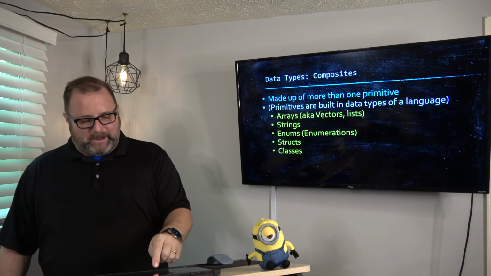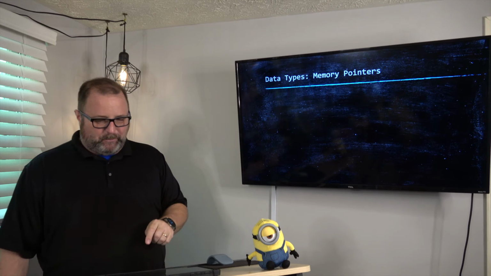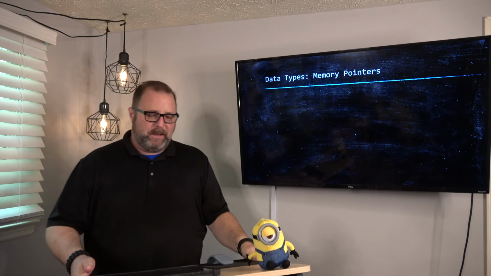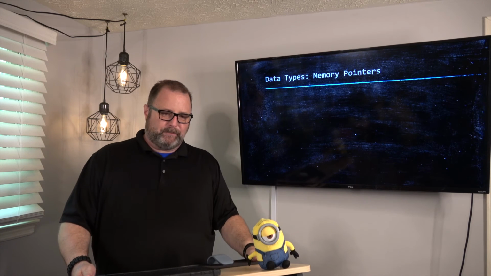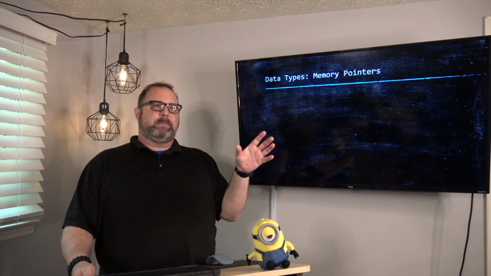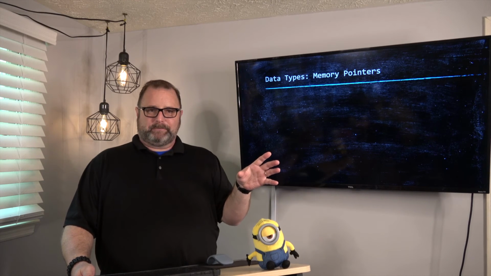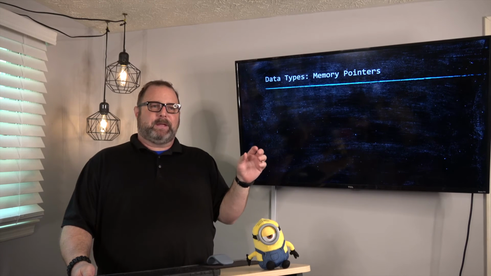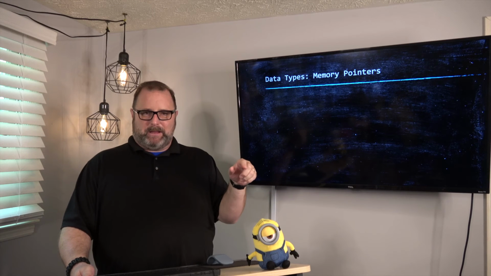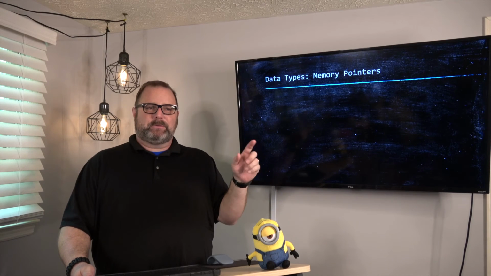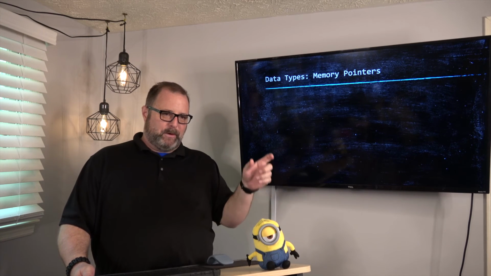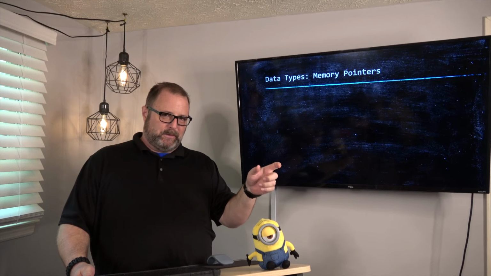Okay? And I want to jump very briefly to one more type of data type, and those are called memory pointers. Now, memory pointers are storage of a memory address. So if I have a memory pointer to the variable y, if I store a pointer to y, I'm storing the memory address of where the value of y is located.